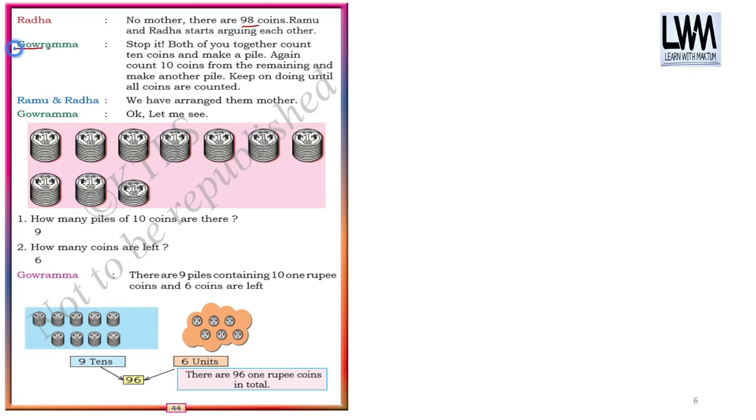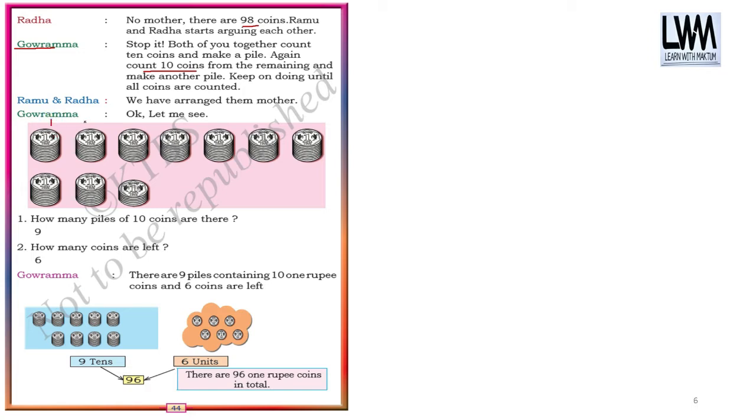So Gauramma says, instead of counting one by one, you can make a pile of 10 coins. She said to make groups of 10 coins. Then we can come to know. Like that, kids. Here if you see, these are the groups of 10 coins. So how many groups of 10 coins are there?